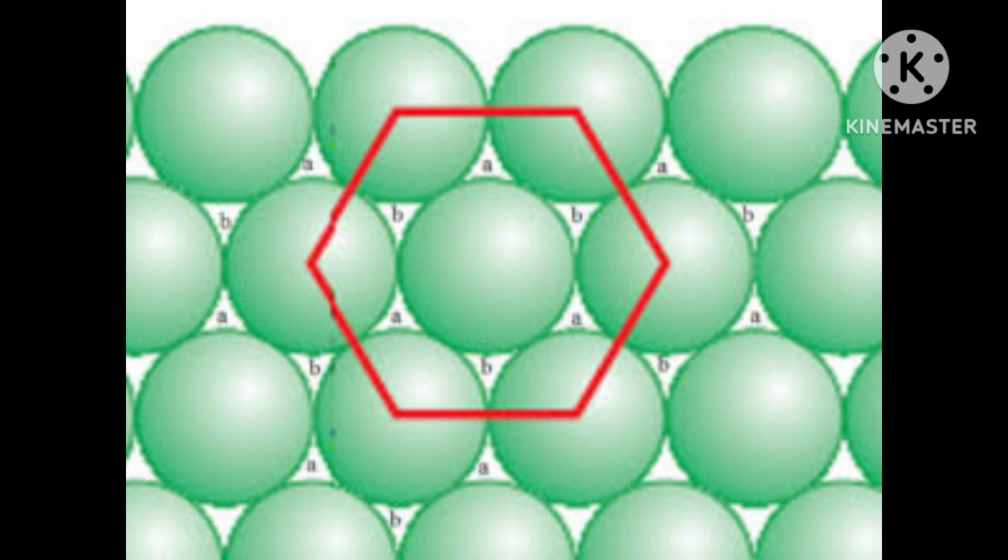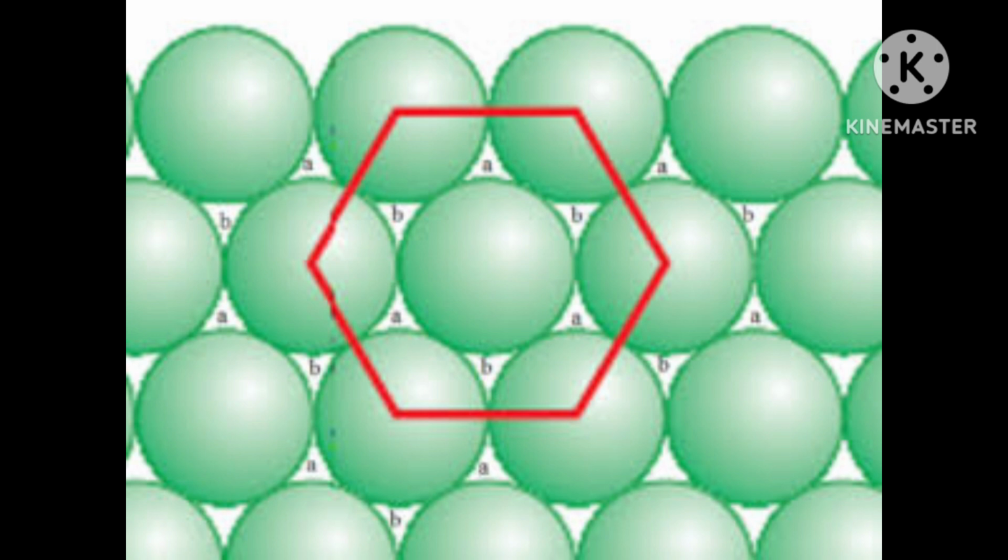That's why here you will get hexagonal: any sphere in the middle, you will find surrounded by 6 spheres. Suppose you have arranged A type, B type, again A type, again B type.